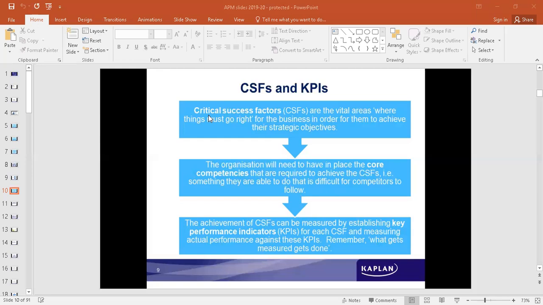So if they do certain things well, they can be on par with the competitors, but cannot exceed or overtake them. Such competencies are called threshold competencies. So first define what the CSFs are, define what their competencies are, and measure these CSFs with the help of suitable KPIs.